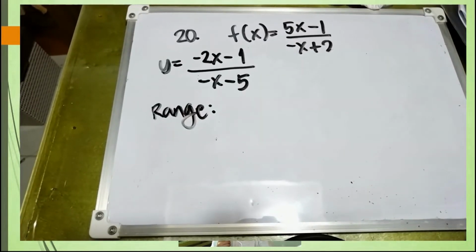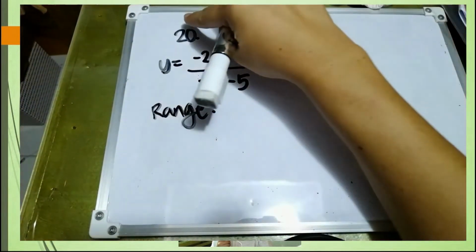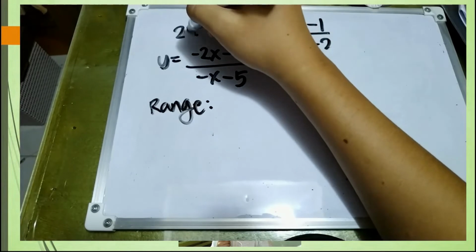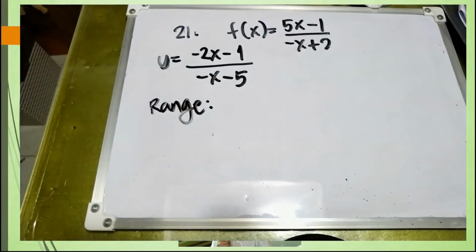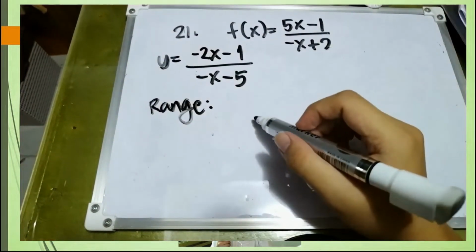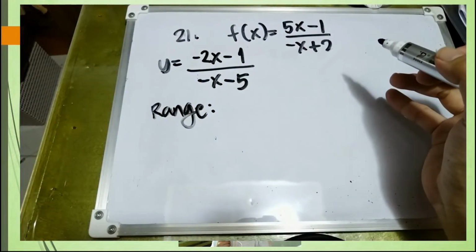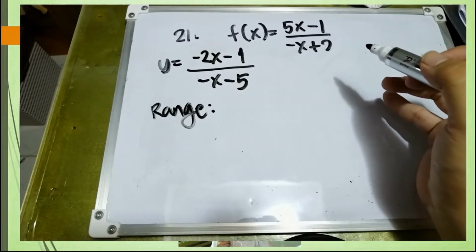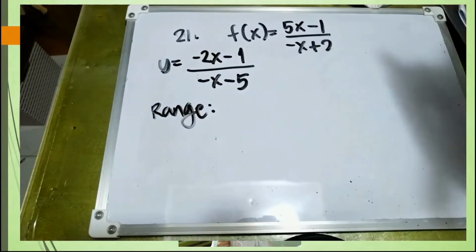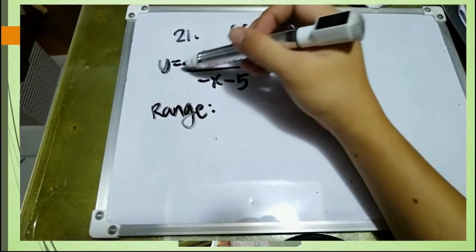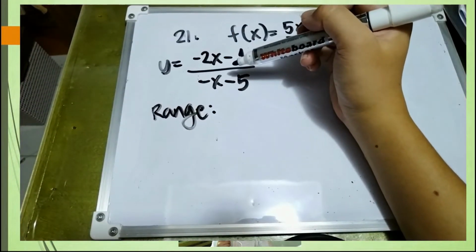Next, we're going to find the range for number 21. So in order to find the range, we're going to multiply both sides of the equation by negative x minus 5.